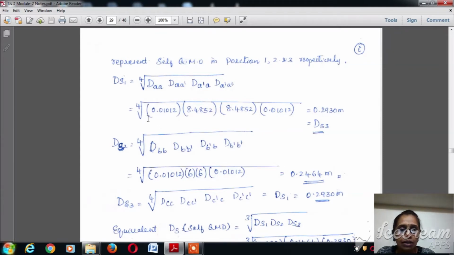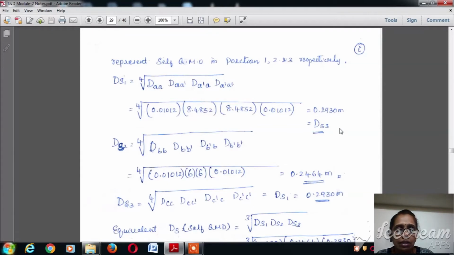Substitute the values and we are going to get 0.2930 meters. DS1 is nothing but equal to DS3, because the first position and the third position are going to be the same.